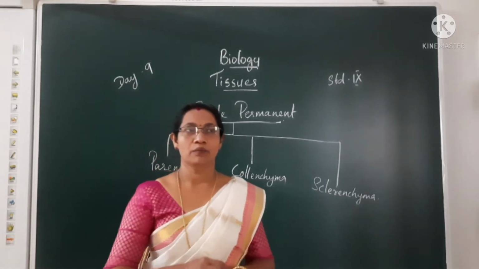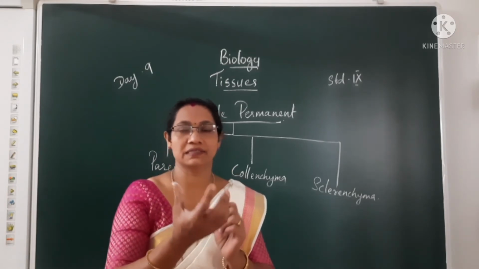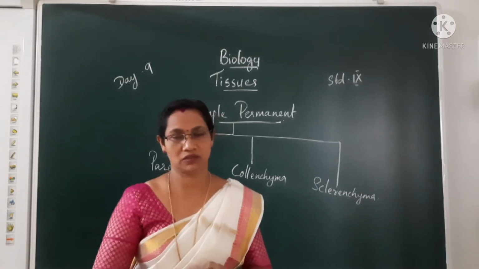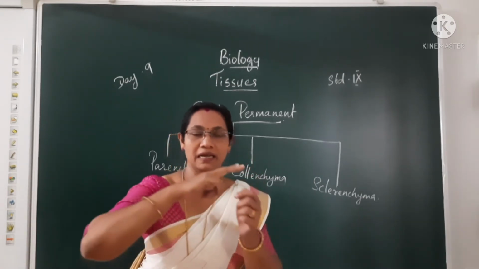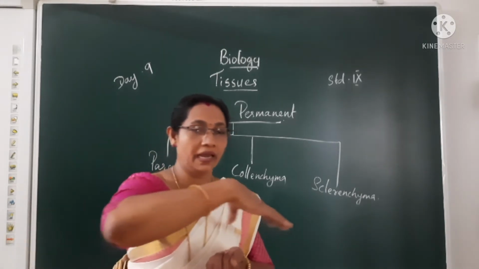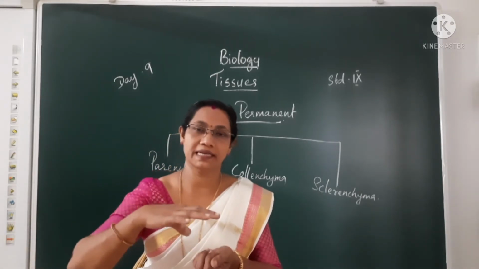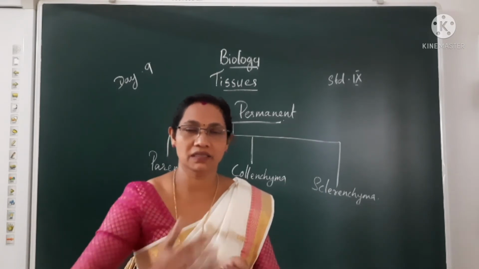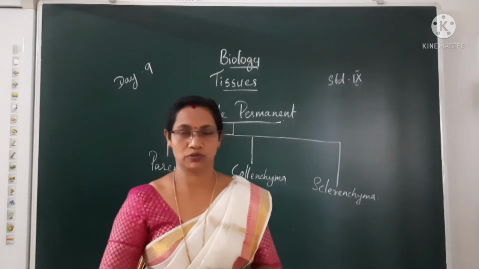That means most of the parts of the leaves, stems, roots, etc. consist of these parenchymatous tissues. For a root, if you cut it and look through the microscope, the major tissues are of which type? Parenchymatous tissues. So it is known as the packaging tissues or filling tissues.